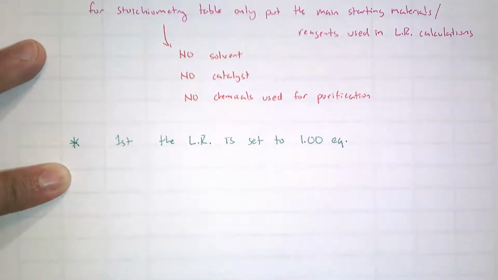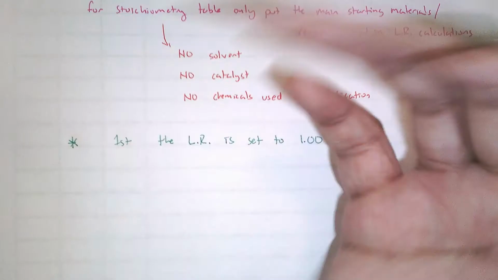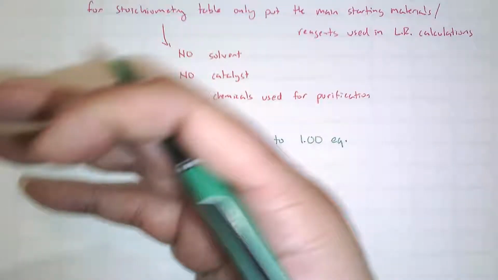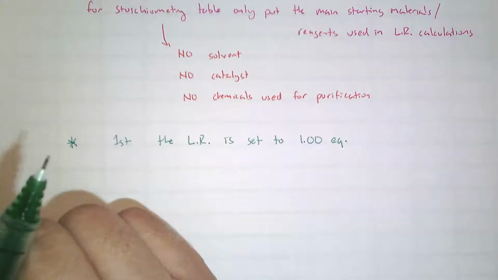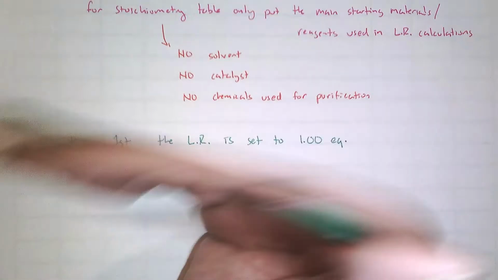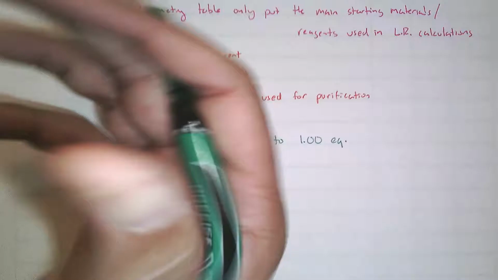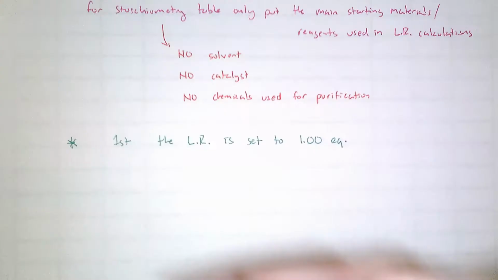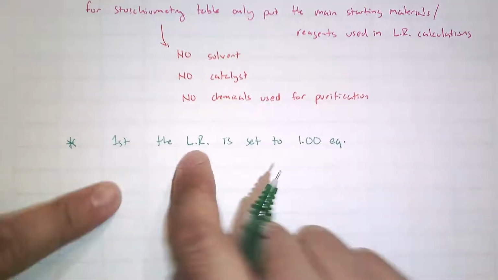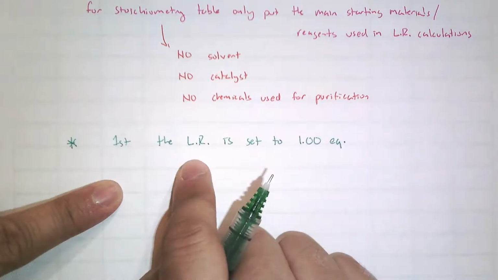It's like parts. Like if you're baking, you have 2 parts flour, 1 part water. But what is that part? It could be cups, it could be pints. It's just a ratio. So we're going to set this to 1 equivalent, the limiting reactant.